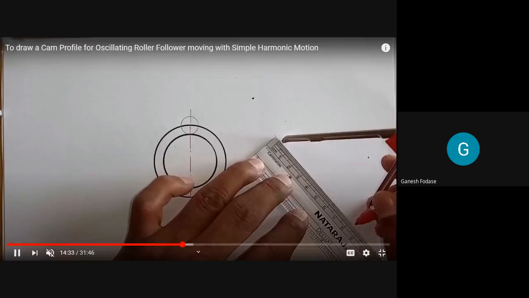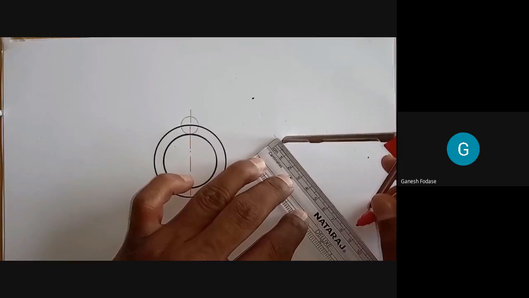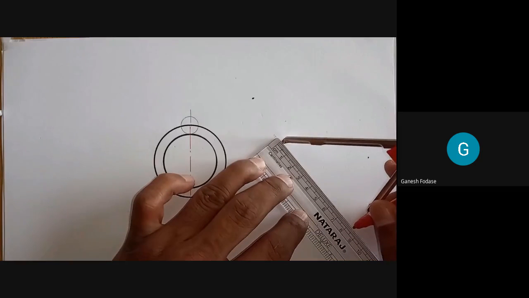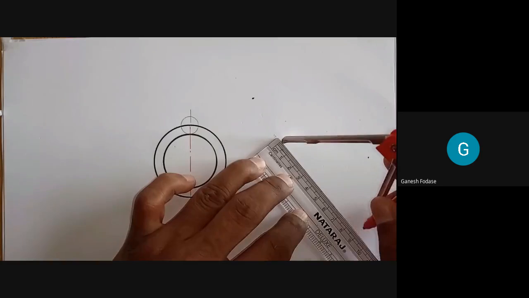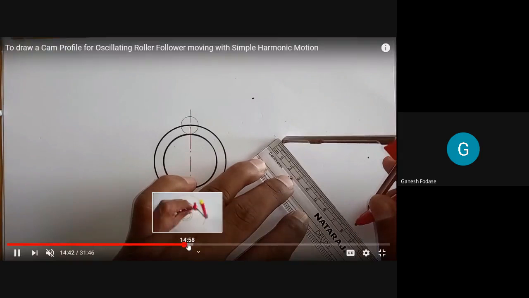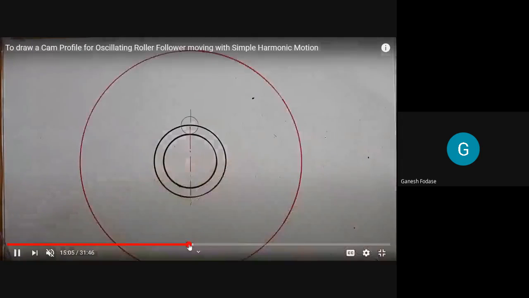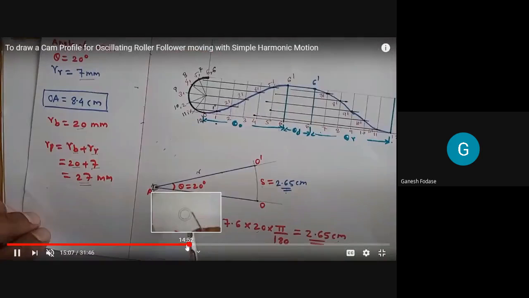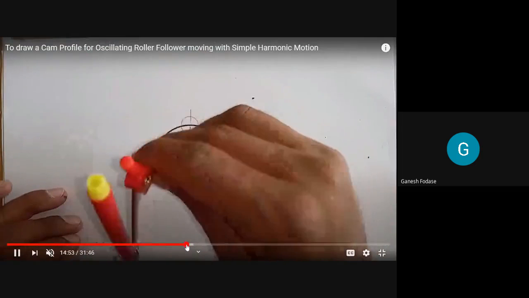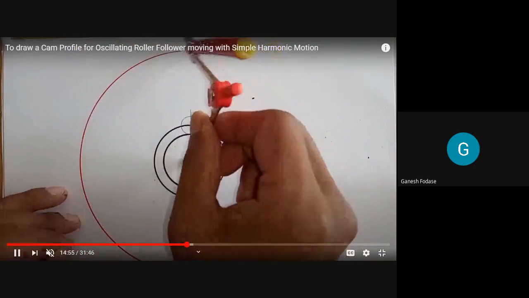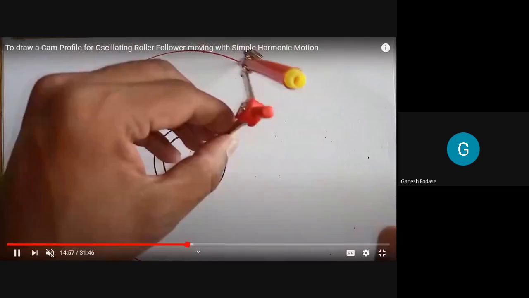Take the distance equal to 8.4 centimeter. You observe how it is drawn basically. With the cam as a center and radius equal to 8.4 centimeter, draw a circle.